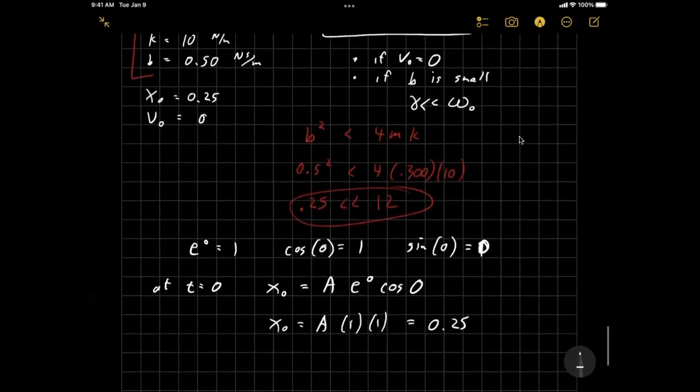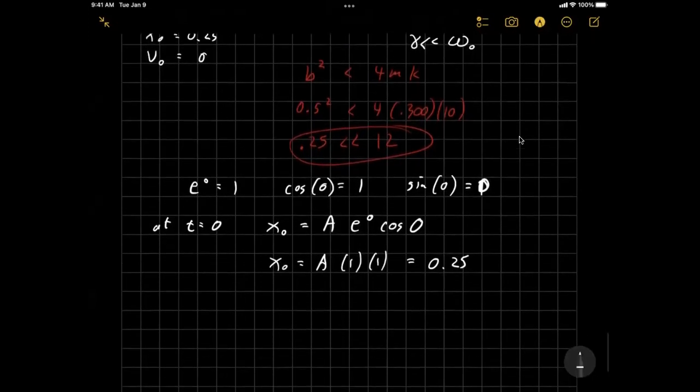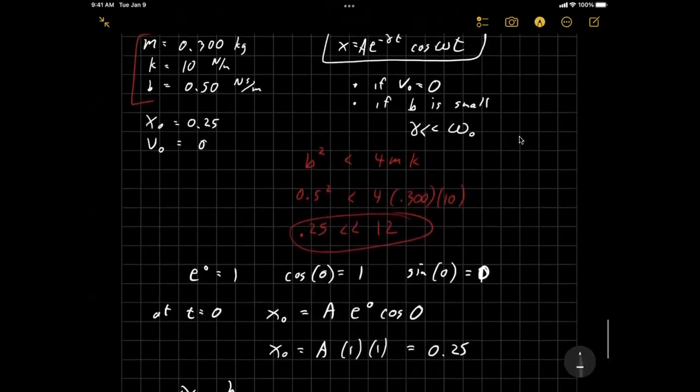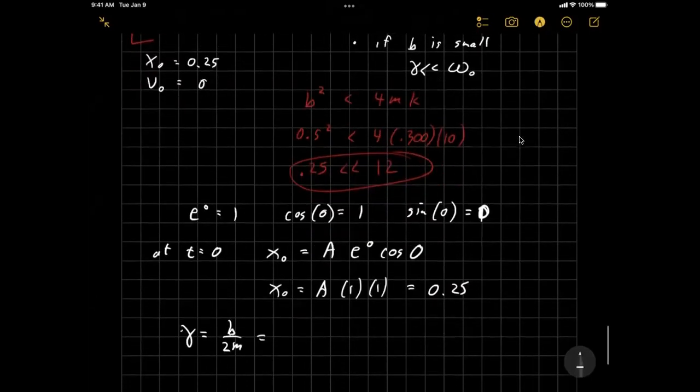To figure out those things, gamma is just b over 2m. We've defined it that way, so you just put in your numbers. b was 0.5, 2 is 2, and m is 0.300 kilograms.